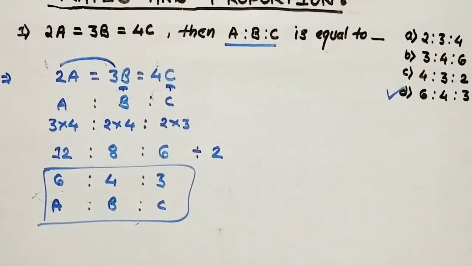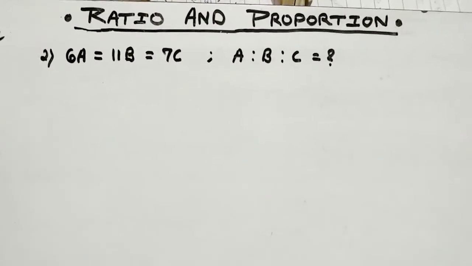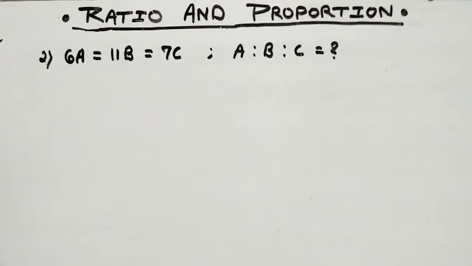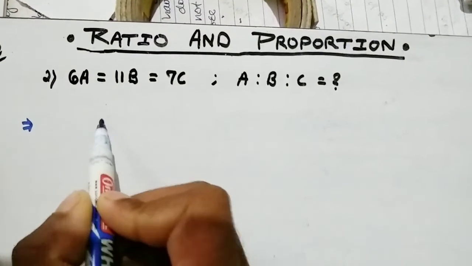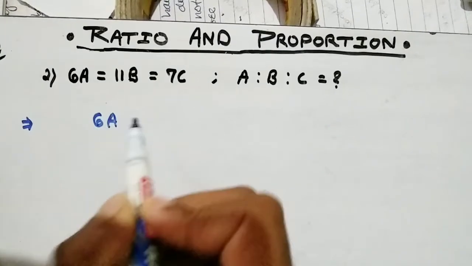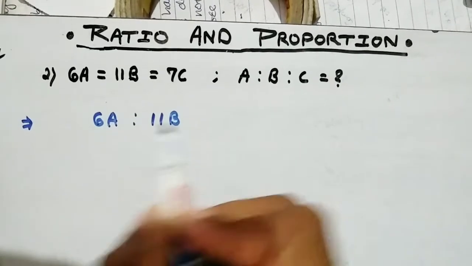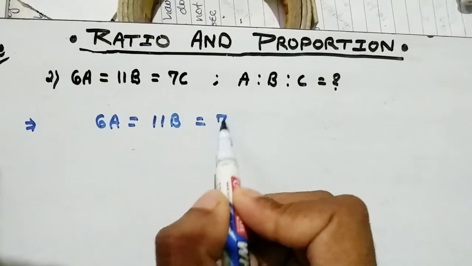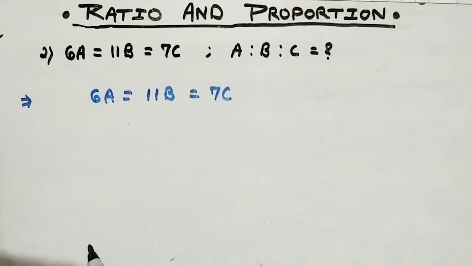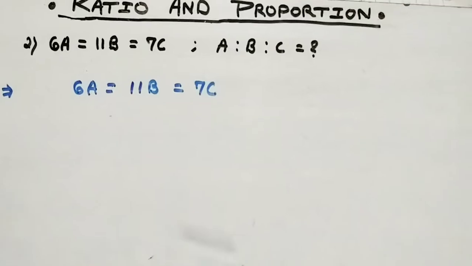So let us move on to example number second. So example number second, 6a is equal to 11b is equal to 7c. So first how will we solve? So student, firstly I write the question as it is, not is to, that is equal. Then what will we do?